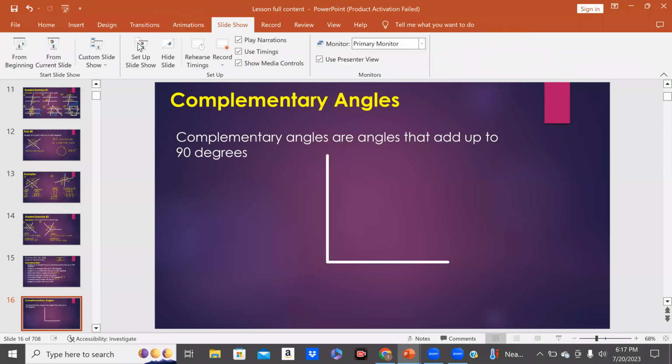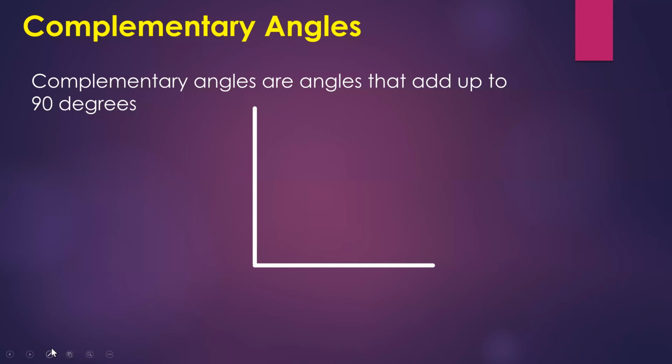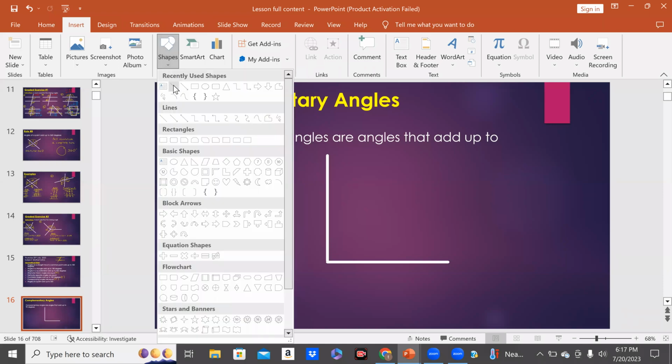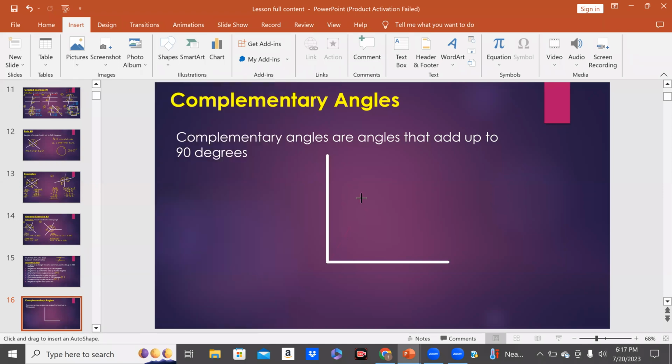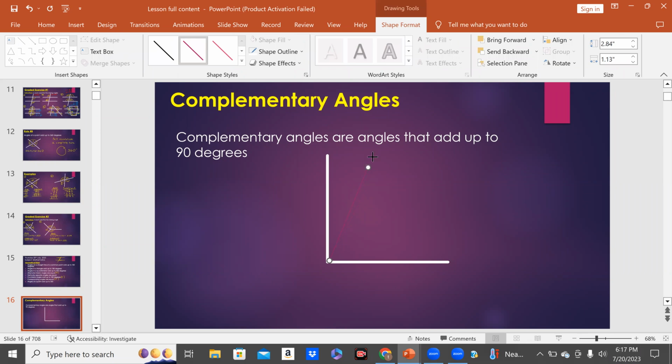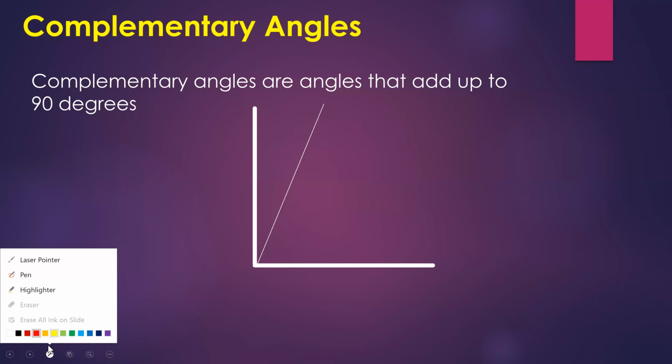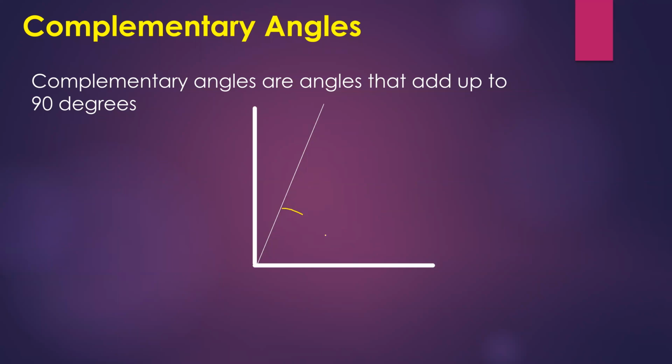That is what we call a 90 degree angle. But say we have an angle in the middle, so on this side, this is B, and on that side, this is A. What do we know about A and B?